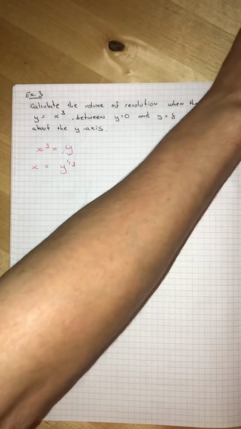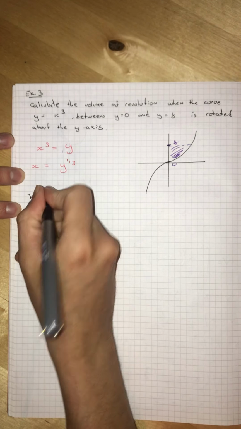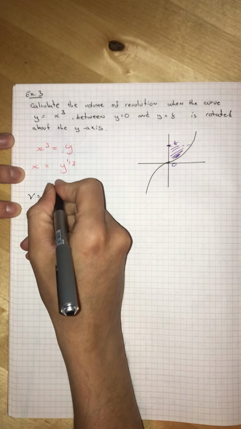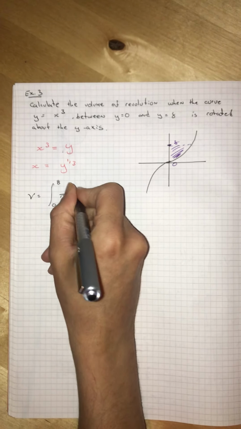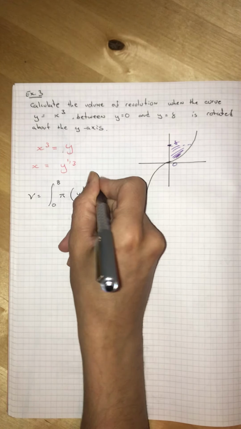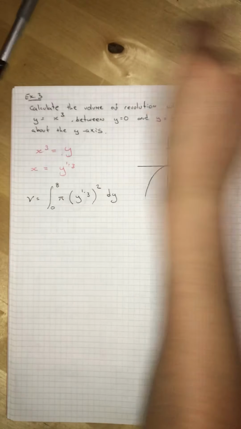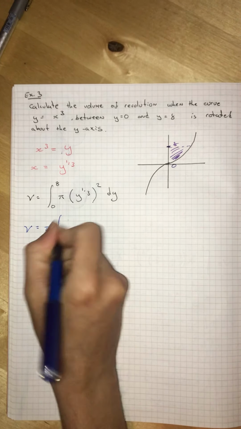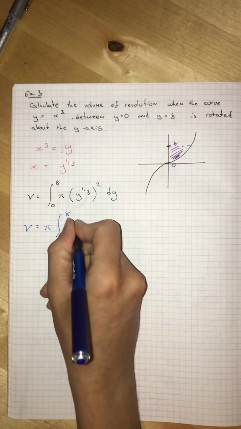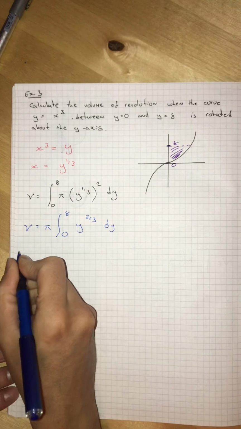Okay. So then what we're doing to get the volume is the integral from 8 to 0 of pi times y to the third squared dy. So volume will equal pi, 8 to 0 of y to the 2/3 dy.